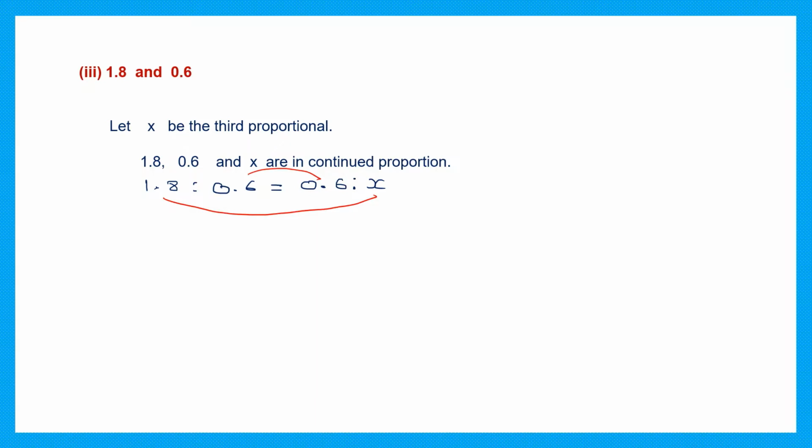So that will be 1.8 into x is equal to 0.6 into 0.6. So x is equal to 0.6 into 0.6 divided by 1.8. Okay, so let's just solve the 0.6 into 0.6.